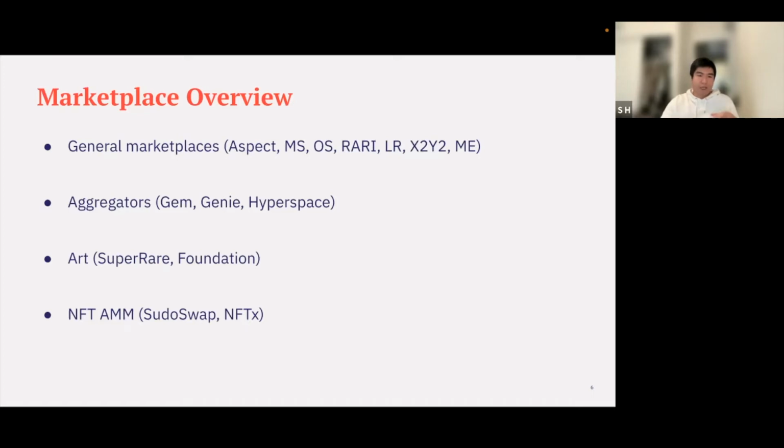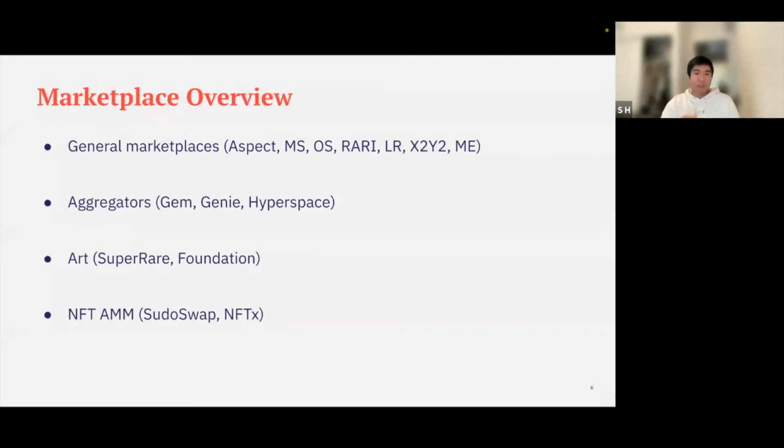And then we have aggregators, which aggregate the orders of these general marketplaces, so that people who are buying and selling can get the best prices and the best liquidity. Then we have very specialized art and one-of-one NFT marketplaces like SuperRare and Foundation.